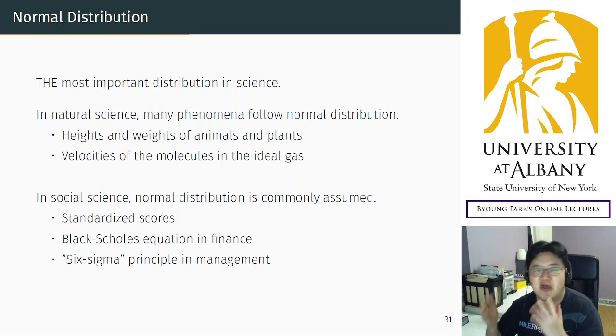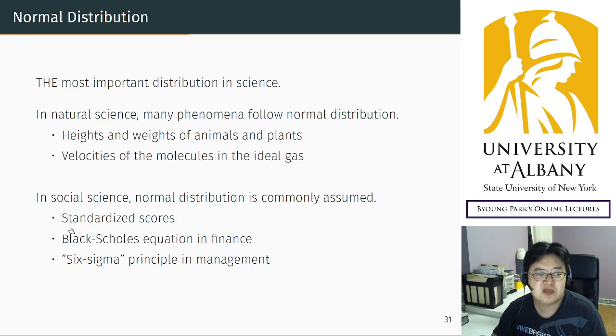That's what I'm talking about, but I don't know the details. Anyhow, I just wanted to say that the normal distribution can be found anywhere in natural science, of course, but also in social sciences. The normal distribution is very commonly applied to many examples.